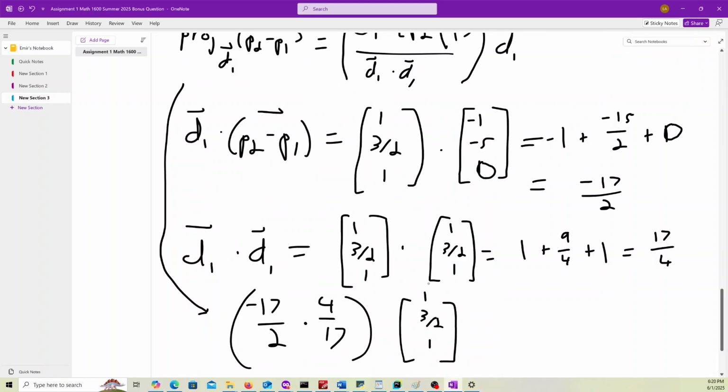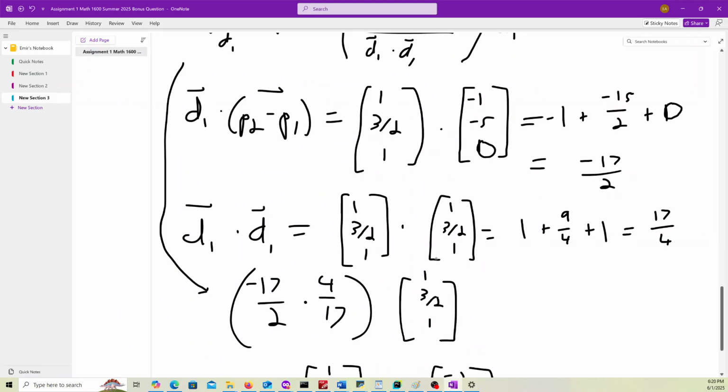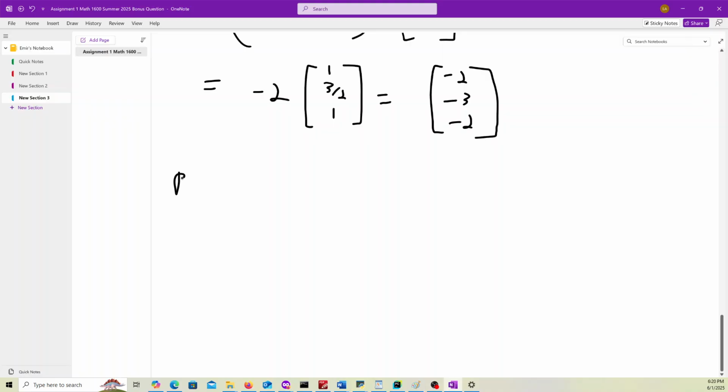Okay, so we found the projection vector, and now we need to find the orthogonal complement, which is P2 minus P1 minus the projection vector. So P2 minus P1 minus the projection of P2 minus P1 onto D1.